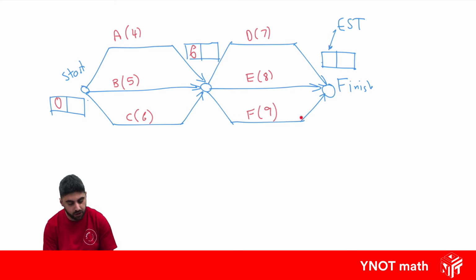So again, looking at the longest one is going to give me the earliest start time here. So taking the longest one, it's going to give an earliest start time of 15. So again, very important, you have to use the longest edge to get to your next vertex.